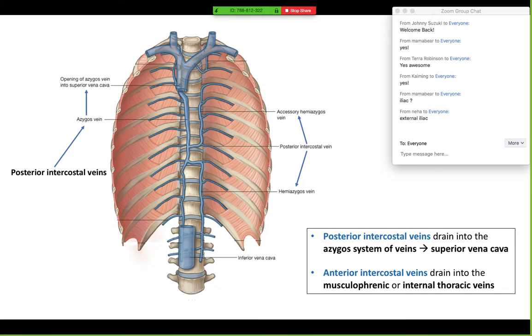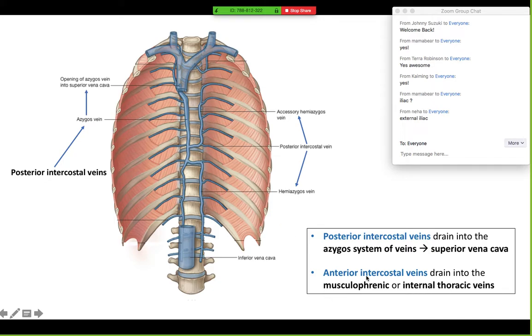Okay, so on this slide, we're looking at the posterior body wall, and the posterior intercostal veins are draining into the azygous system of veins.